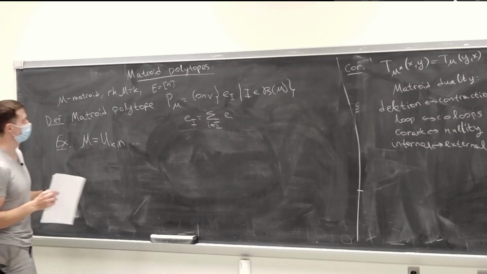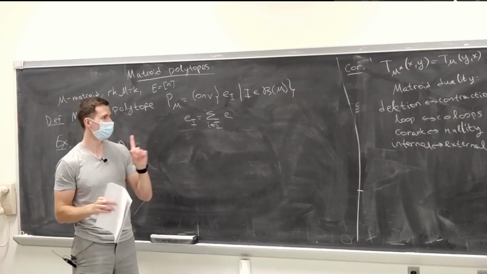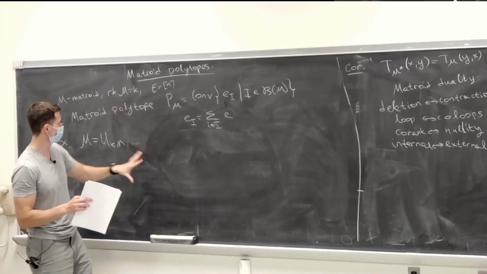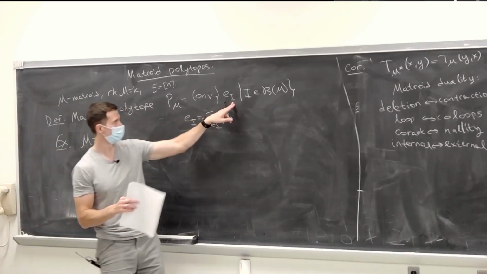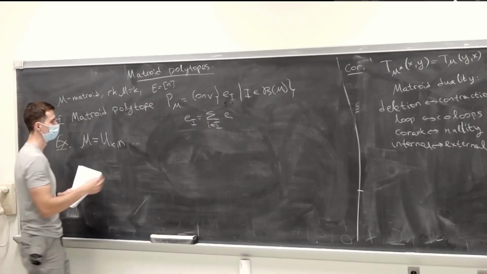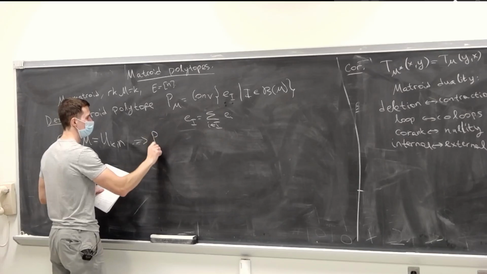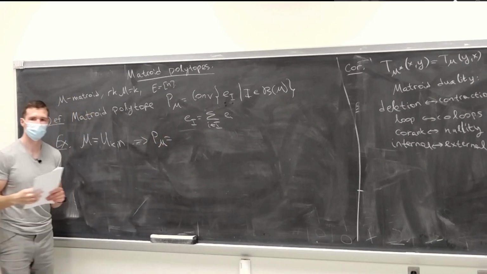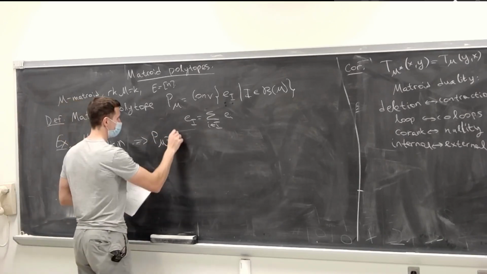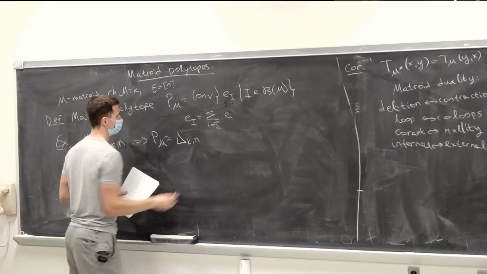That's a good question, and I'm going to ask that question in a few minutes. But first of all, let's consider the special case where each k-subset I is a basis. So then what is the polytope? Hypersimplex, very nice. Delta_{k,n}.